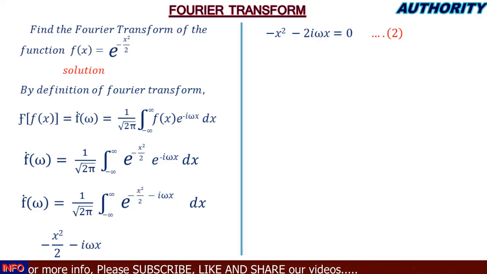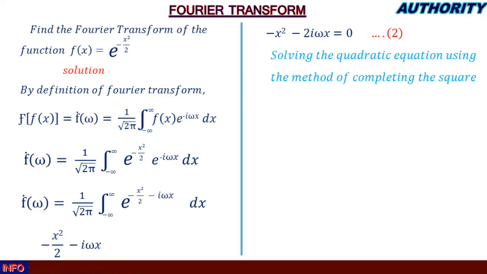Let's say that this is equation 2, and the one we have above is equation 1. Looking at this equation 2 very well, you see that it is a quadratic equation, right? So for us to solve this quadratic equation, I want us to employ the method of completing the square.